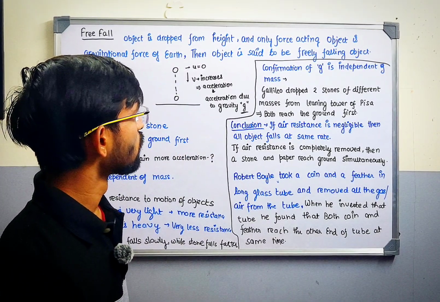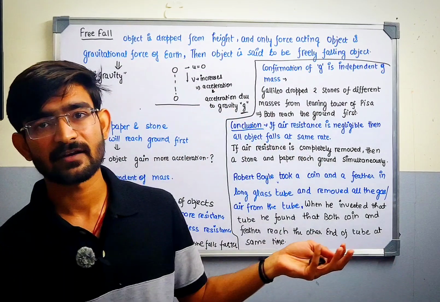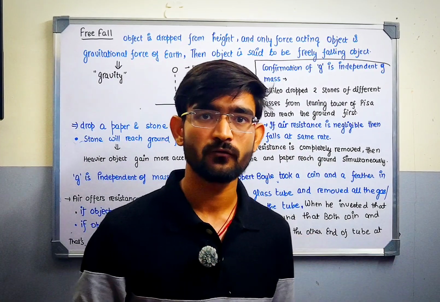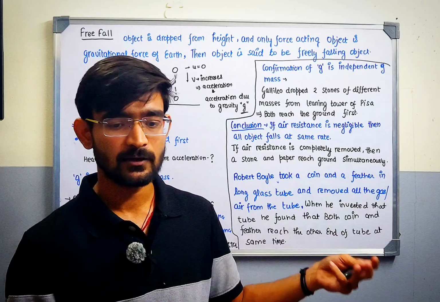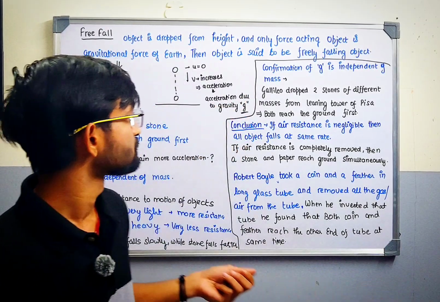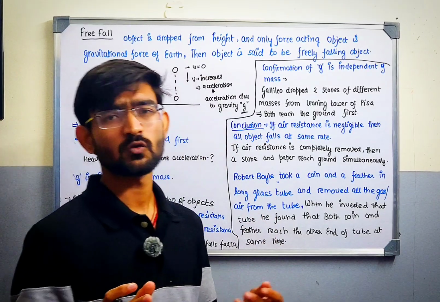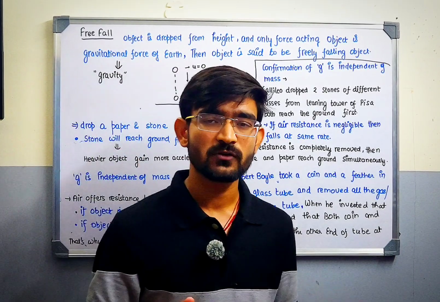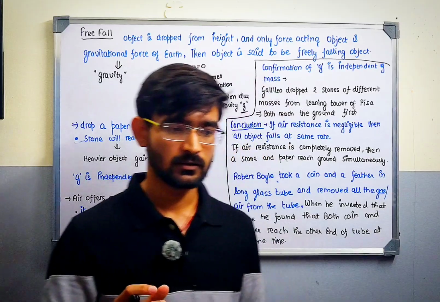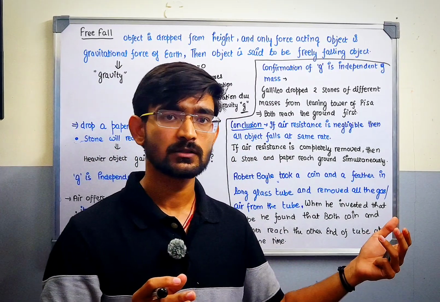Now for confirmation that acceleration due to gravity is independent of mass, Galileo performed an experiment. Galileo took two stones of different masses and dropped them from the Leaning Tower of Pisa.